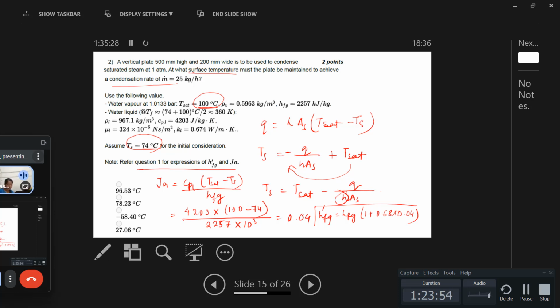So this is coming to be around 2331 kilojoule per kg, or we can write as 2.3 into 10 power 6 joule per kg. I have just written directly in decimal 2.3 into 10 power 6 joule per kg.